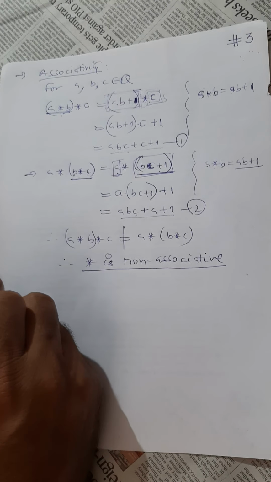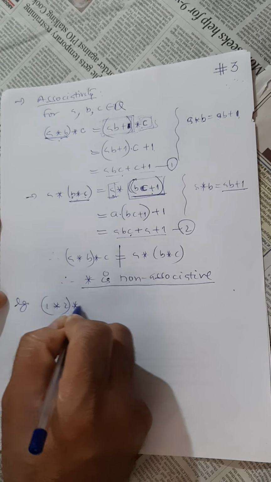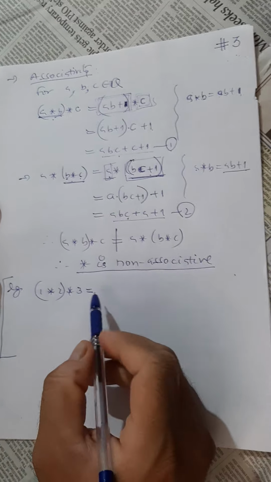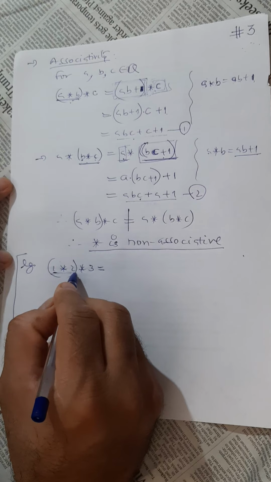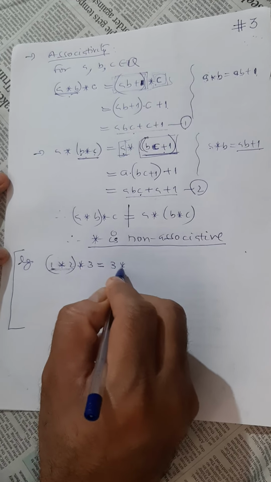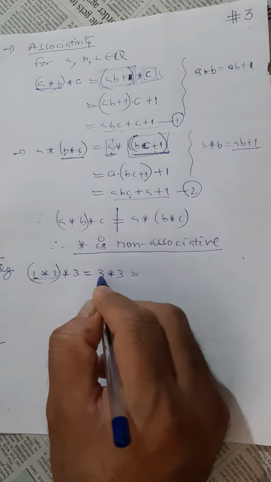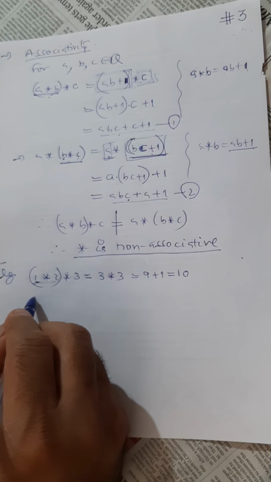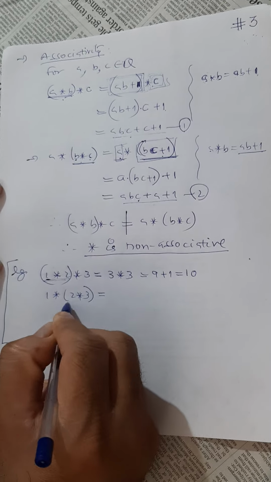You can take one example also. For example, find (1 star 2) star 3. Let's see, this also you can give the answer. What is 1 star 2? That is 1 into 2, 2 plus 1, so 3. Now 3 star 3 is 3 into 3, 9 plus 1, so 10. Now I'll find 1 star (2 star 3). What is 2 star 3?